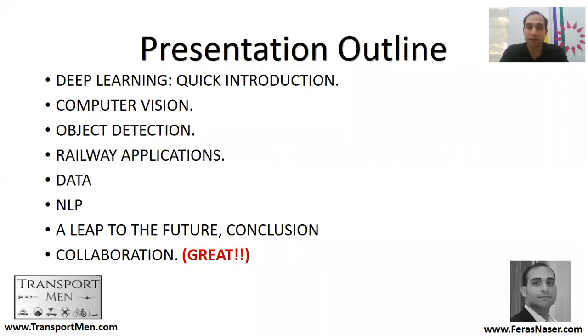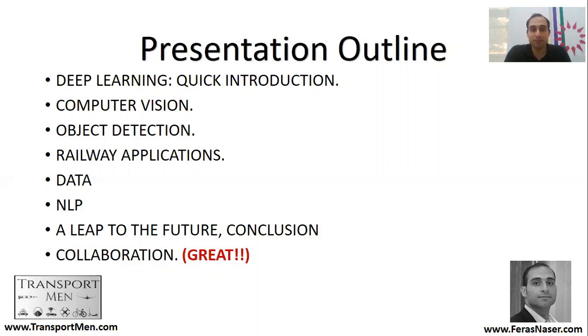The presentation outline will start with a quick introduction of deep learning. Then we'll be talking about computer vision, a quick brief about computer vision, going to object detection and some of the models that I have applied for the railway context. Then I will be talking about railway applications. After that, I will be giving a quick brief about data and the current problem of data and its association with deep learning.